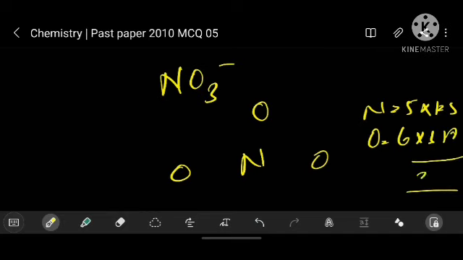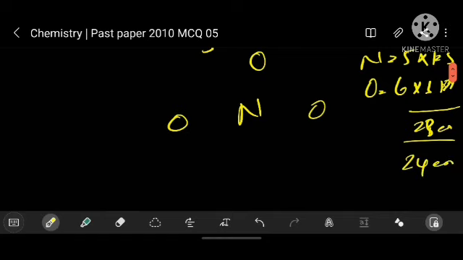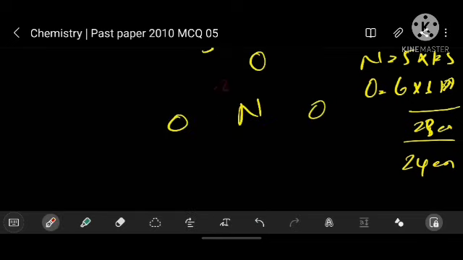Now we have 5 plus 18, 23 electrons, and we have a minus, right? So we have to add 1, so 24 electrons. Now let's make the bonding electrons. Let's make the bonds.